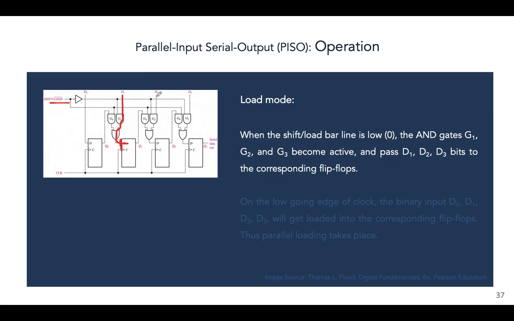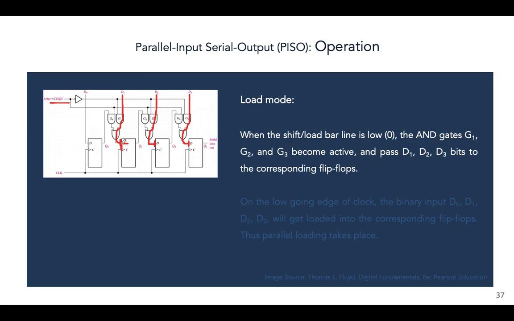This is important to understand. D2 will pass through the system and it will land here, and then D3 will also pass through the system and it is here. It's important to understand right now that only the bits have been passed through this circuit and they are now at the gate, at the entrance point of the flip-flops.